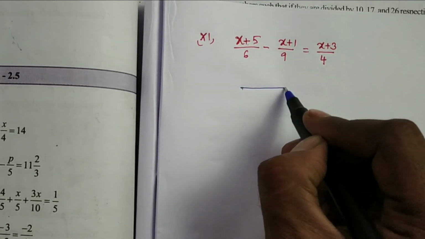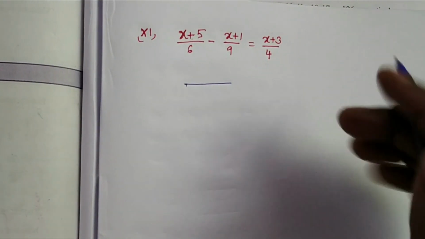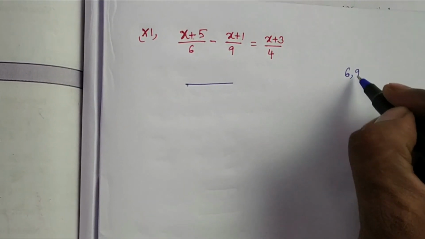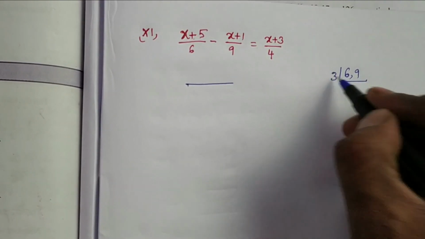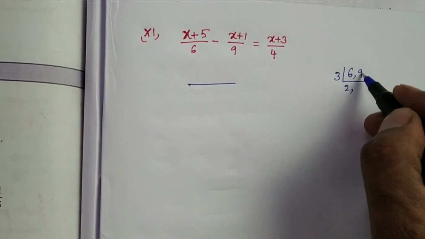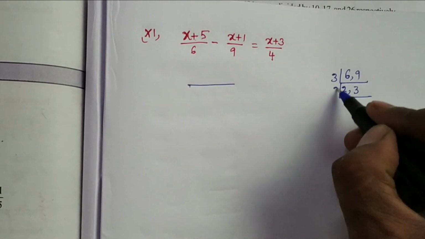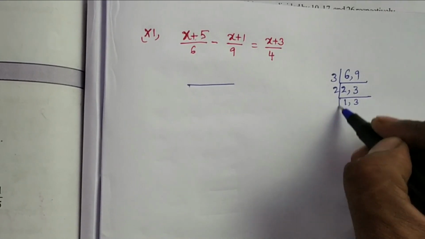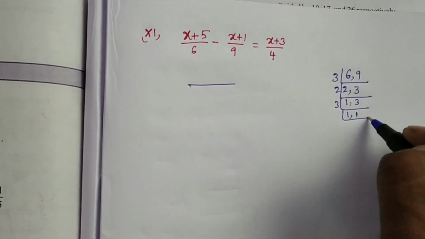Do the LCM method by using the division method. So take 6 and 9. 2 table will not cancel. Take 3 in both, 2 times and 3 times. So 2 table 1 time, 3 as it is, 3 table 1 time and 3 1 time.